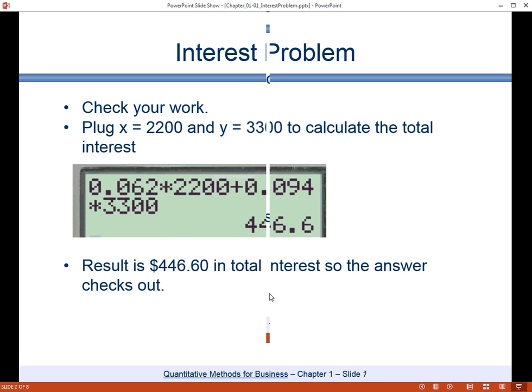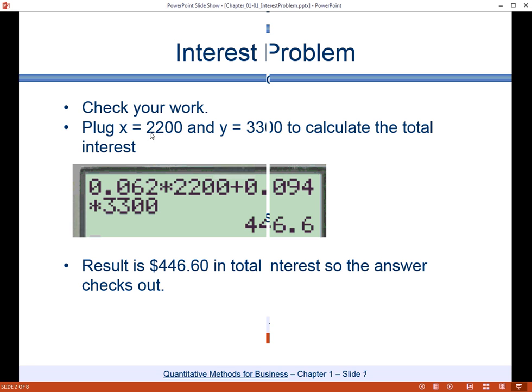When you're working a problem like this, in any kind of math, even the stuff that we do later on in the semester, check your work. There is some alternate way to determine: does the answer that I get make sense? Does it solve the original problem? What are the two pieces of the original problem? The two pieces are that the sum of x and y has got to be 5500. That's pretty easy to tell.